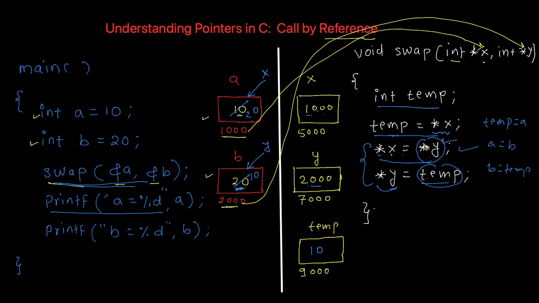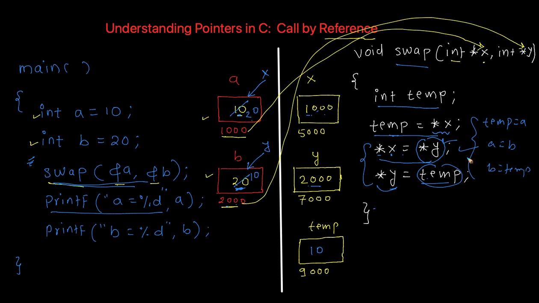That I can, this code will perfectly work in main. But if I use this code here, A and B are unknown. This swap function doesn't know what A and B are. They are not declared in the scope of this swap function. That's why I have to use the variables which are only declared inside swap. So inside swap, I know X, I know Y, I know temp, but A and B are unknown.